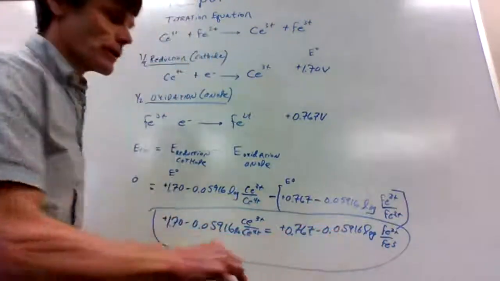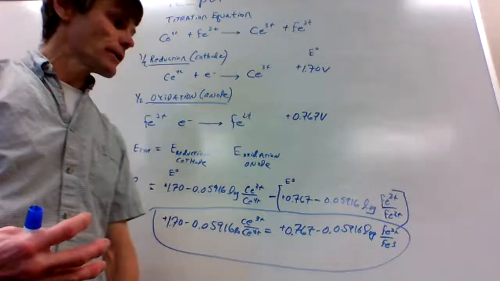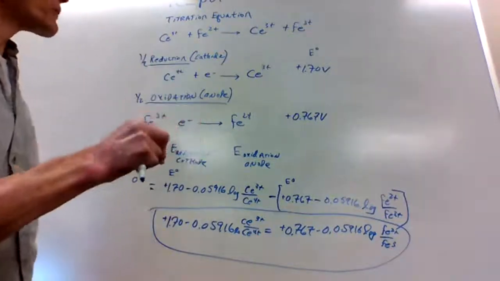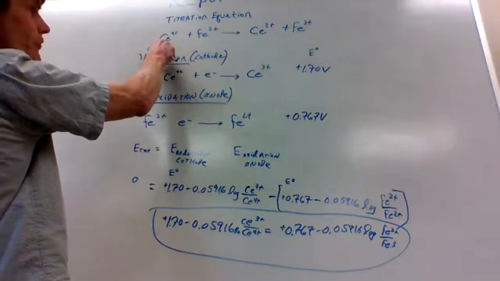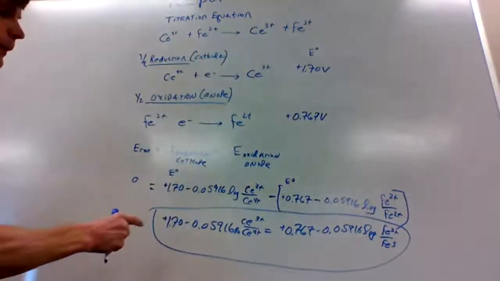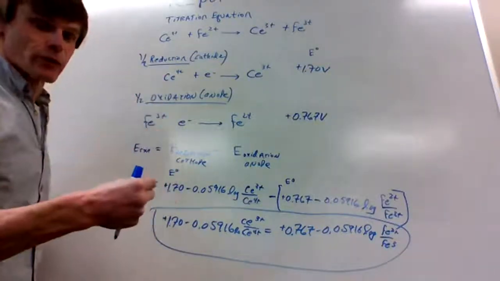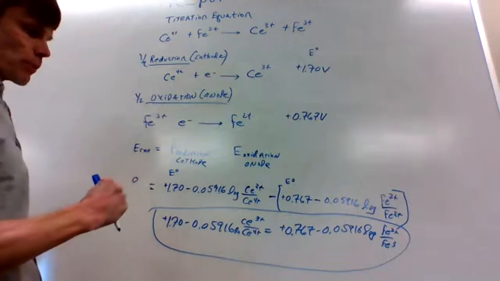This half reaction is going to be used in the early stages of the titration. Once we get past the equivalence point, we're going to have excess amounts of ceric-4 and ceric-3 positive, and we can use this equation for the second half of the titration past the equivalence point.